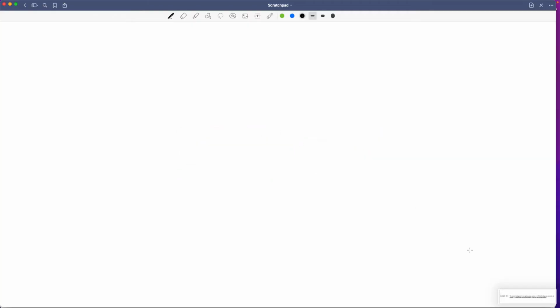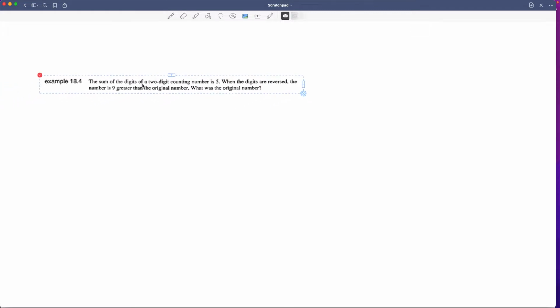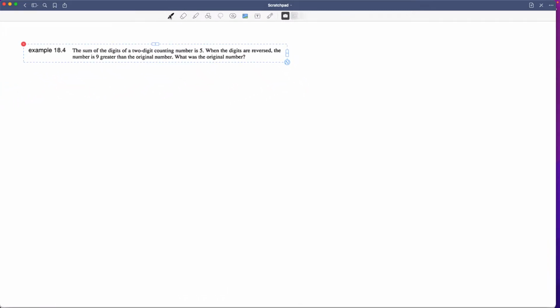Pull that in and solve it so we understand what's going on. All right, the sum of the digits of a two-digit counting number is 5. So the digits are the tens place and the units place, right? But the sum of those digits is equal to 5.